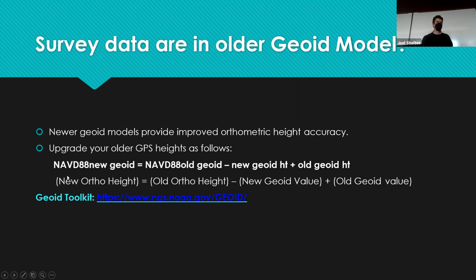Our elevation is based on a vertical datum. And we talked about this in the previous lecture. The vertical datum right now is North American Vertical Datum, NAVD 88. And so what I'm saying is our elevation is in this vertical datum, and do you guys remember where that vertical datum is based out of in that lecture?